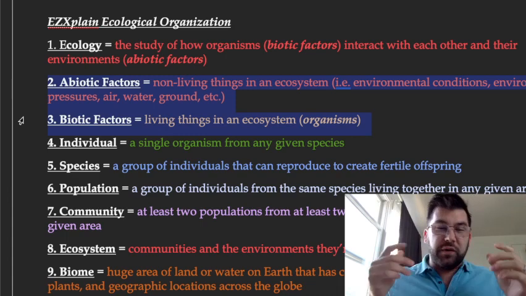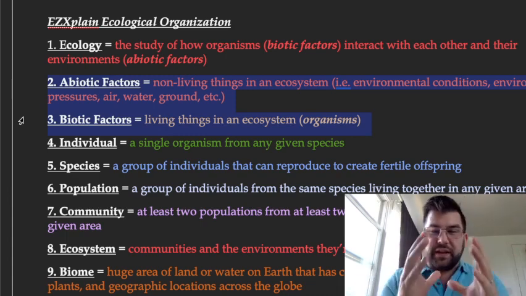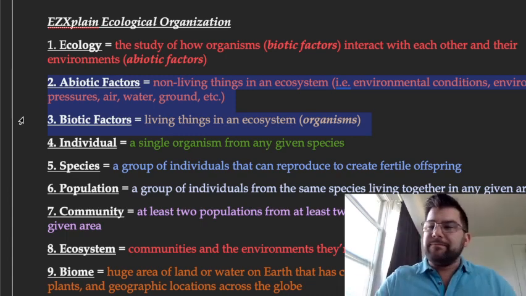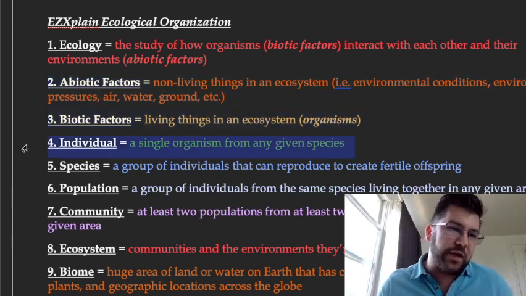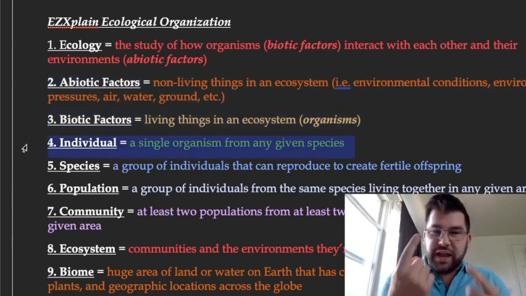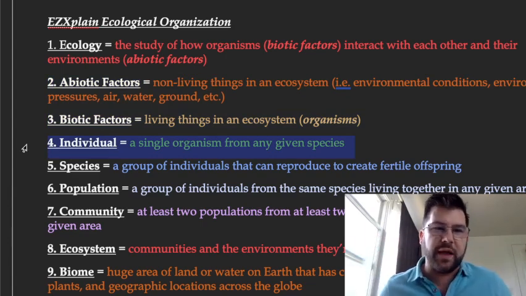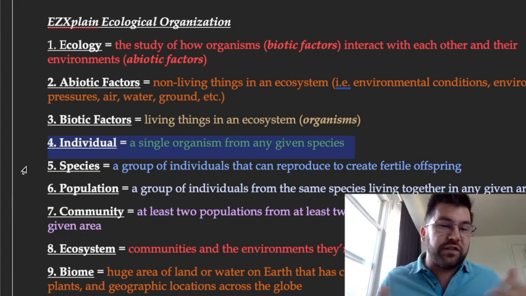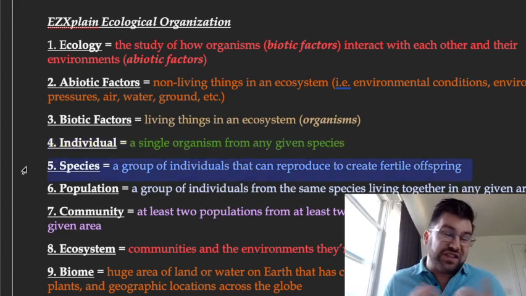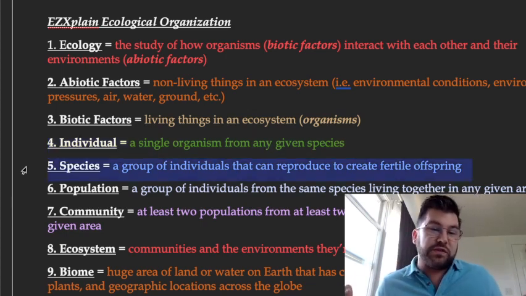But if we're going to think about ecology like a pyramid or like a series of concentric circles, there's a lot going on. There are a lot of different levels. Starting at the smallest level, we have individuals. That's just any single organism from any species that we're looking at. Quick review from other lessons, what is a species?